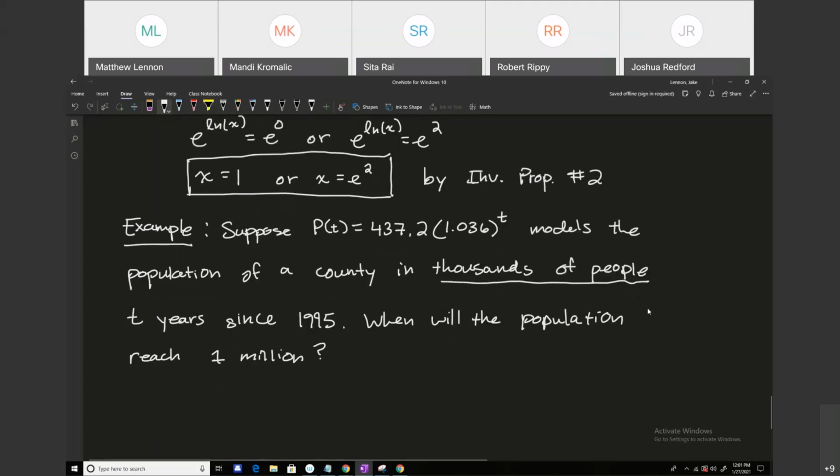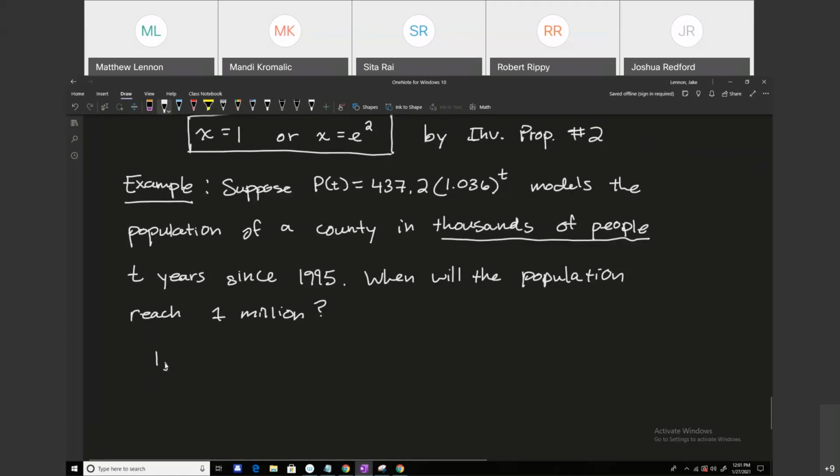And 1 million is 1,000 thousands. Does that make sense? So because 1 million is 1,000 thousands, we're actually going to set the P of t equal to 1,000. And then we're going to solve.